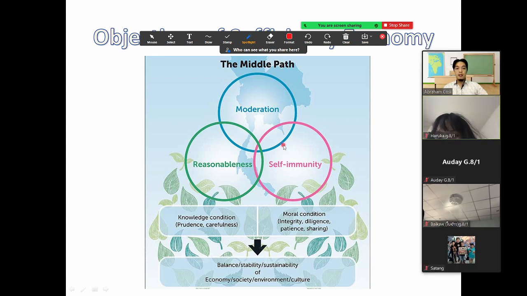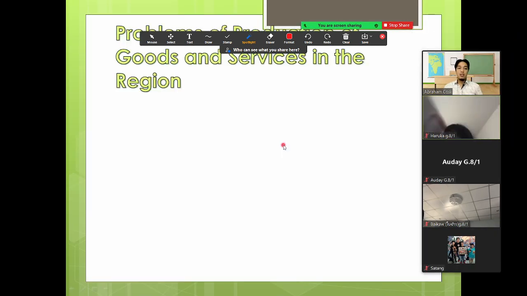So you have there the problems of the production of goods. Problems of production, which is the weakness in structure that needs to rely on the following: materials, parts, power, capital, and technology.